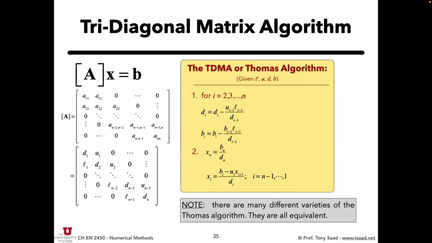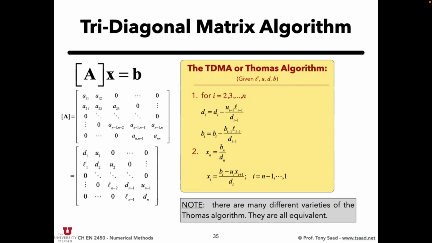And then you go to B and say the new B2 is equal to the old B2 minus B1 times L1 over D1, and you repeat all the way to the last entry. So what you've done is modify the main diagonal and the right-hand side. And then you start from the end over here.